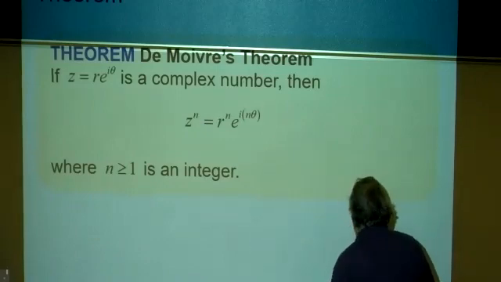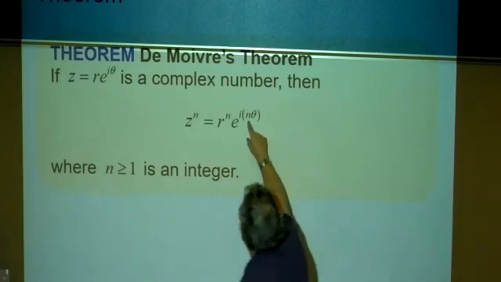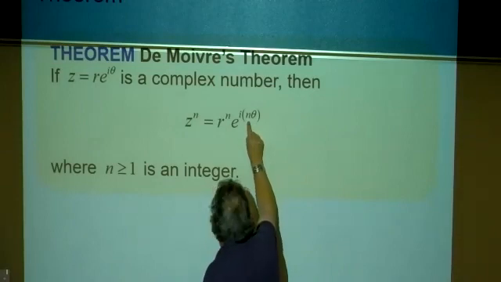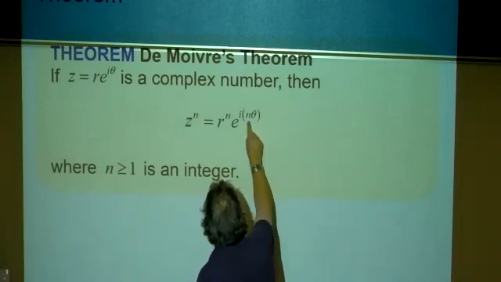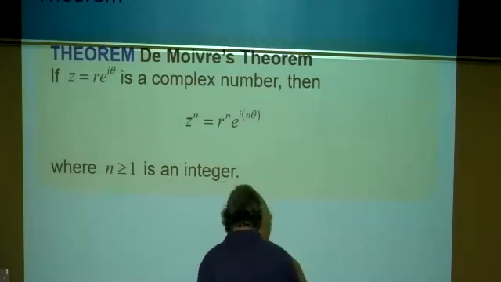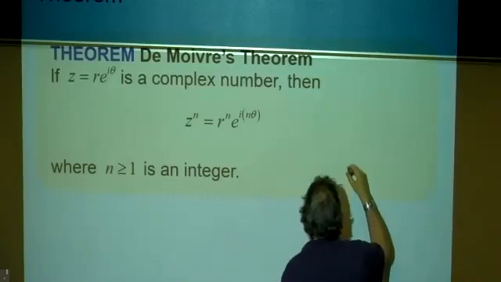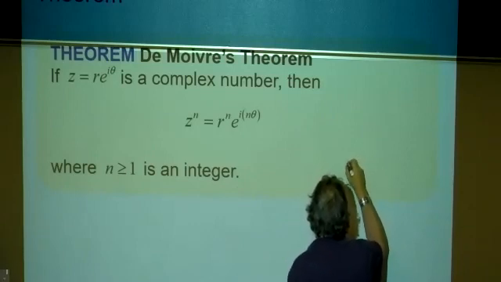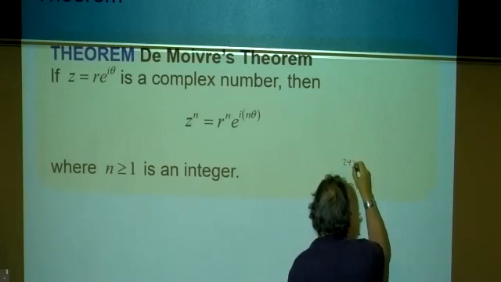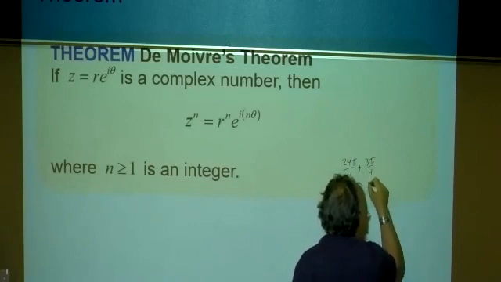Because what if n is the 27th power? Then this would be 27, and if that was pi over 4, then it'd be 27 pi over 4. And 27 pi over 4 is 24 pi over 4 plus 3 pi over 4, right?